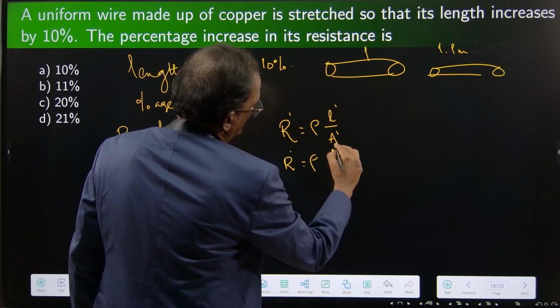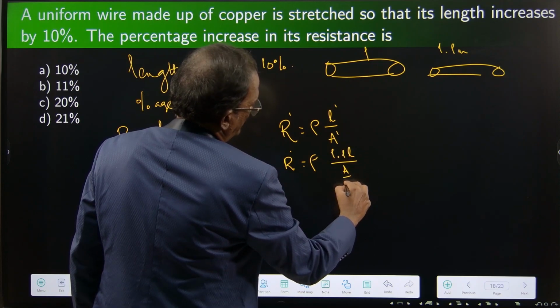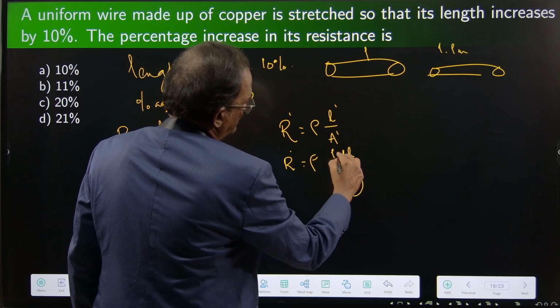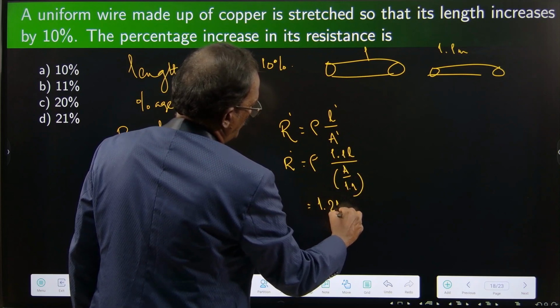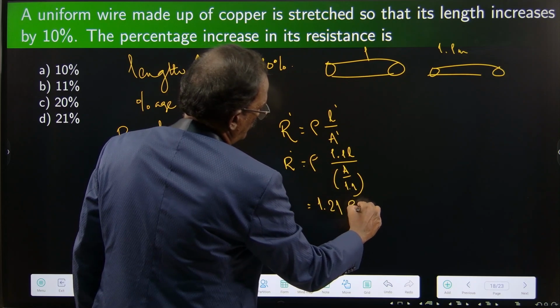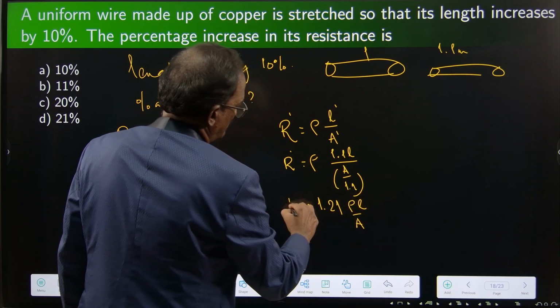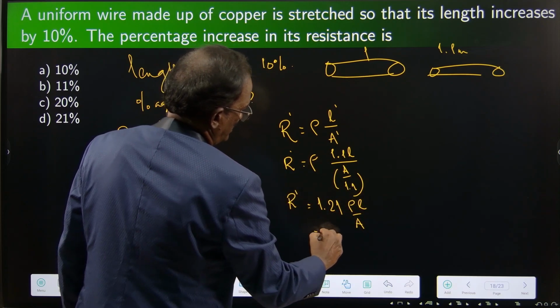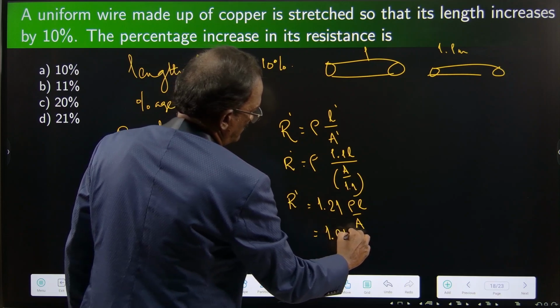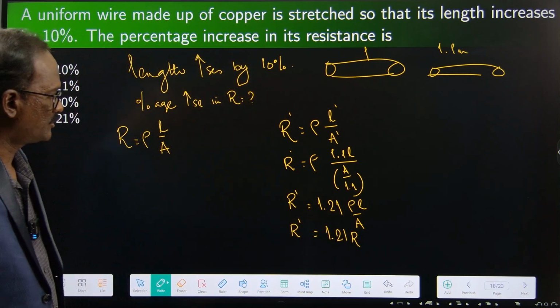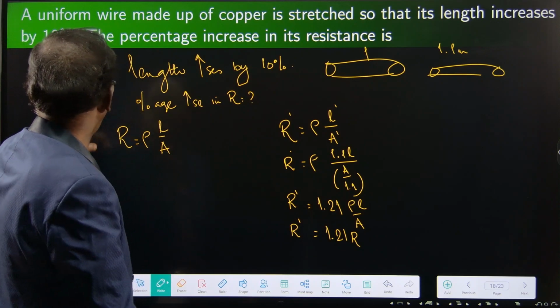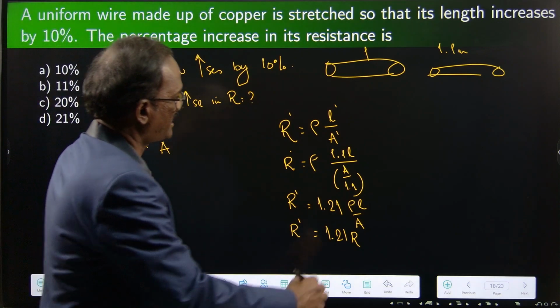L by A dash will become A by 1.1, the same value. So this is 1.21 rho L by A, which is equal to 1.21 R. R dash is equal to 1.21 R. The change in value in terms of percentage they are asking.